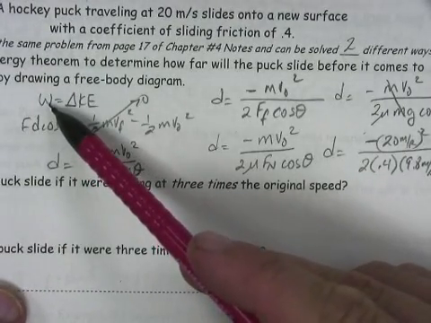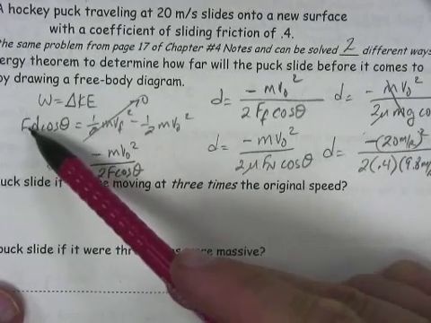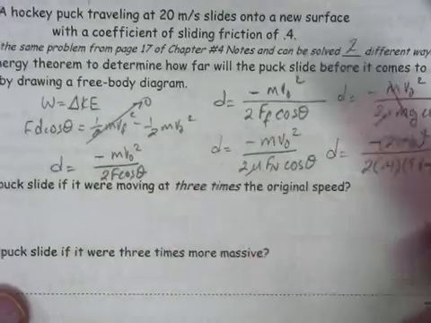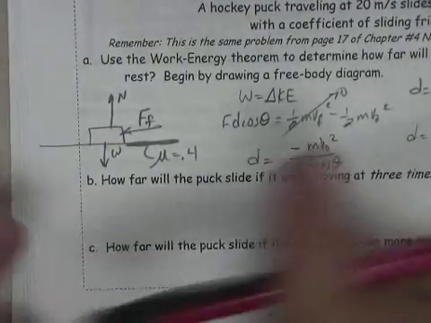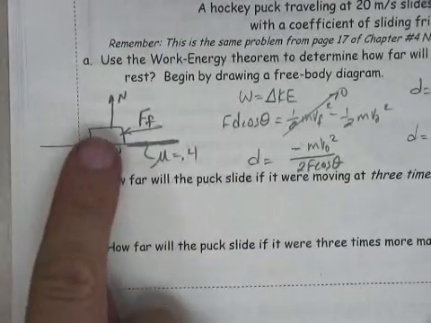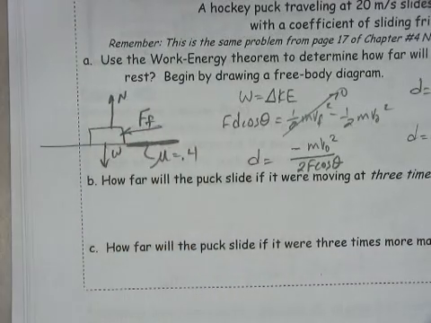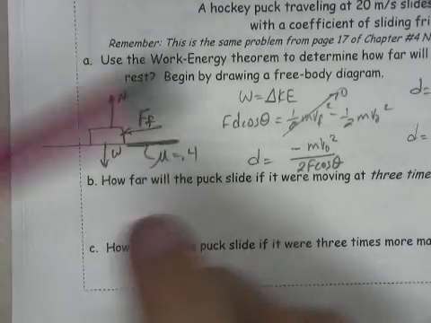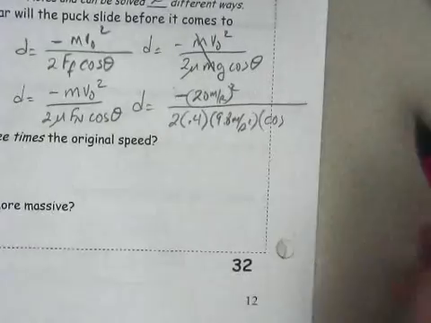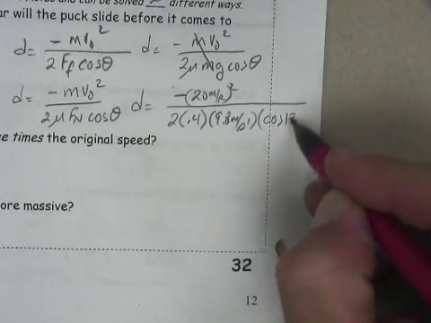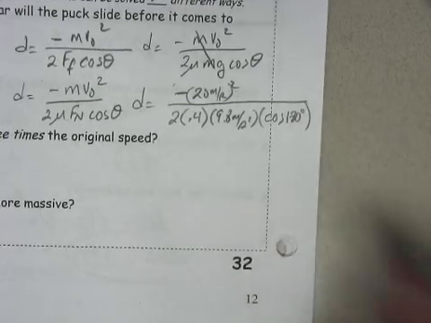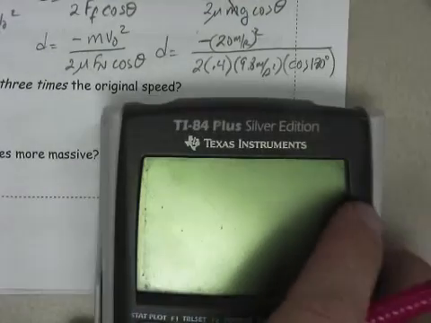Okay, it came from a work equation. So that means theta is going to be the angle between this F and that d. So let's go back to this guy. The motion is to the right, and the force is to the left. So that's going to be 180 degrees. So I'm going to come over here and plug in 180 degrees. All right, let's plug it all in and see what we get.